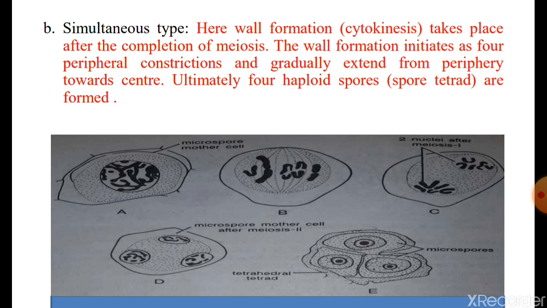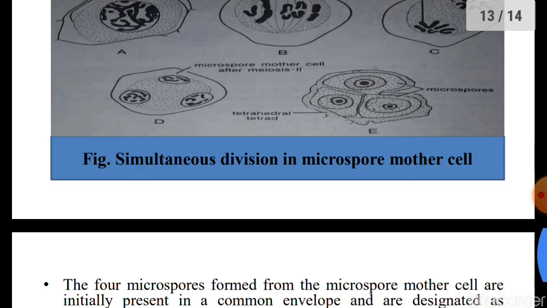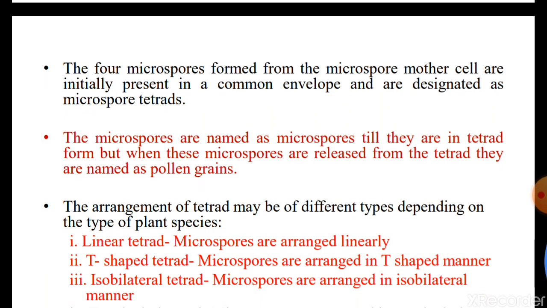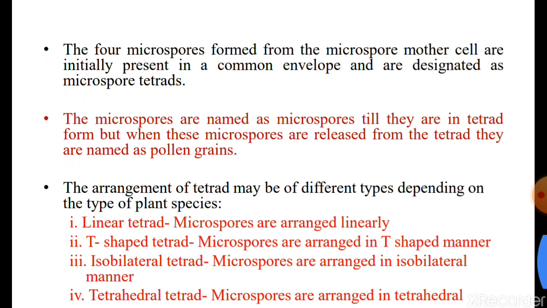Ultimately 4 haploid spores, that is spore tetrad, are formed. The 4 microspores formed from the microspore mother cell are initially present in a common envelope and are designated as microspore tetrads. The microspores are named as microspores till they are in tetrad, but when these microspores are released from the tetrad, they are named as pollen grains.